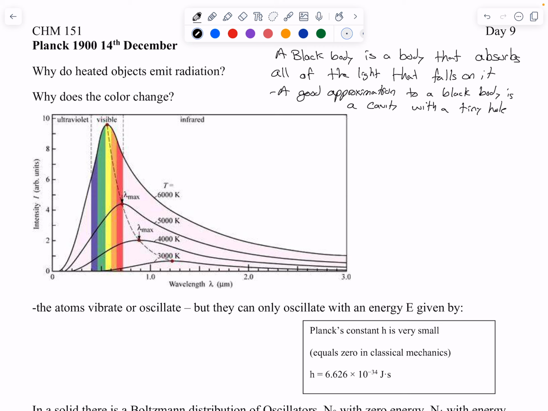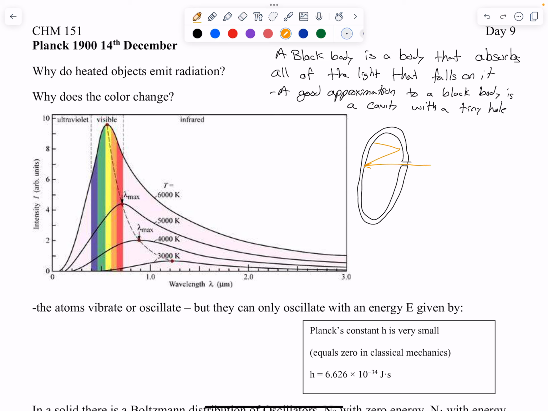So if I had something kind of like that, a little cavity, and light came in, and then it started reflecting around. We want to do this.